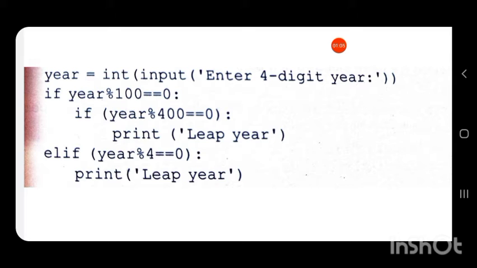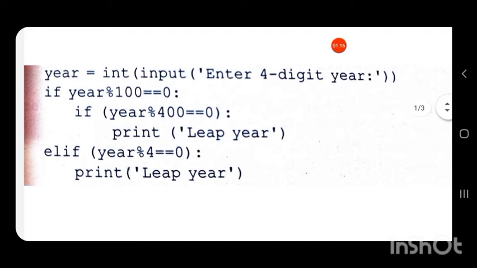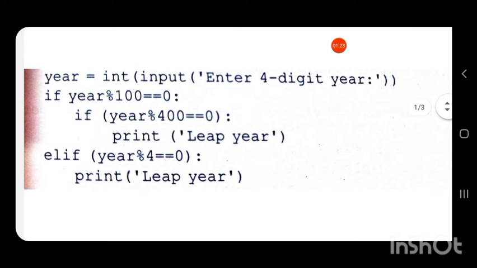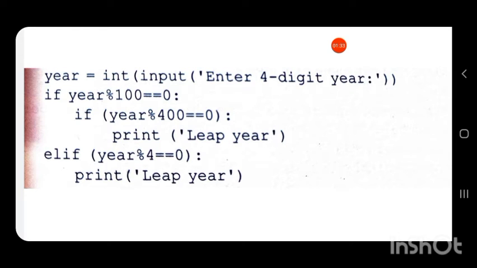In the case of centuries, we cannot find out whether it is a leap year by dividing by 4. Instead, we have to divide a century by 400. If there is any remainder, then it is not a leap year. If there is no remainder, then it is a leap year.